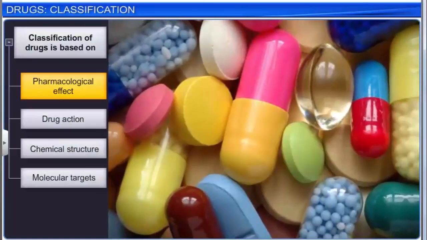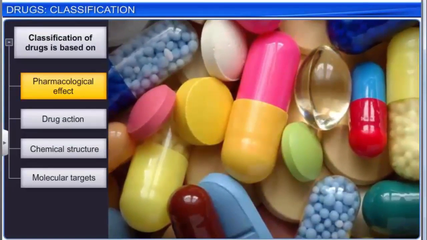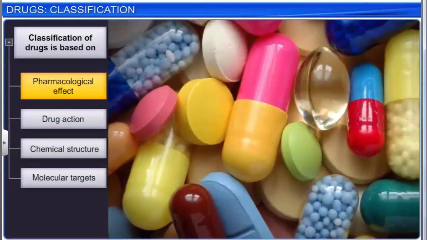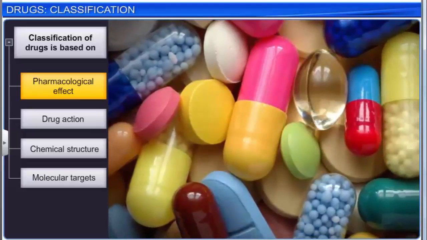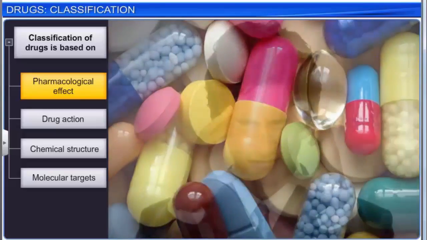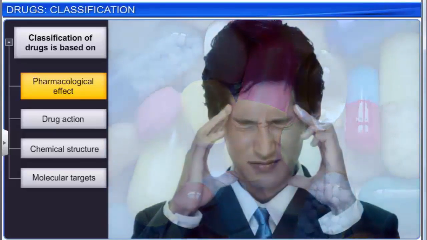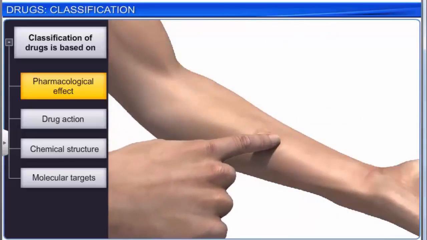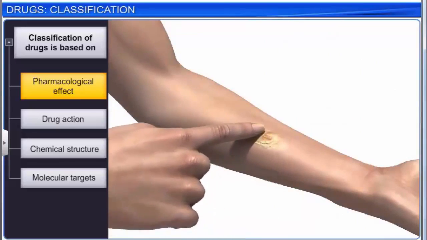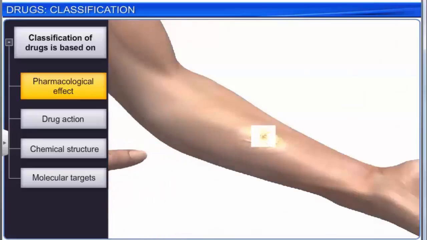Drugs classified on the basis of their biological or pharmacological effects are useful in treating a particular type of problem. For example, analgesics have a pain-killing effect, whereas antiseptics kill or arrest the growth of harmful microorganisms.